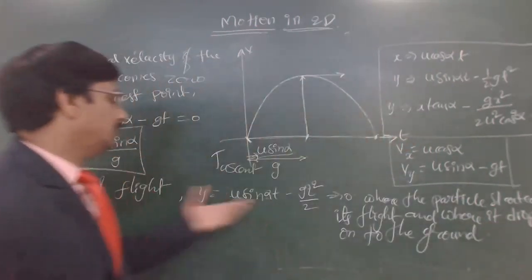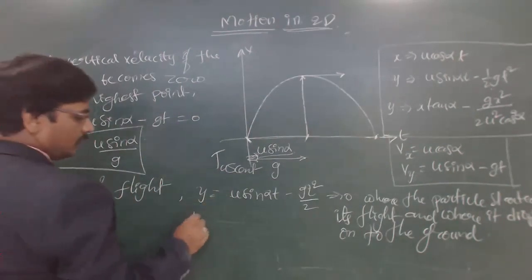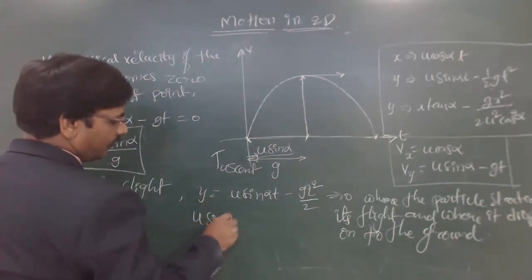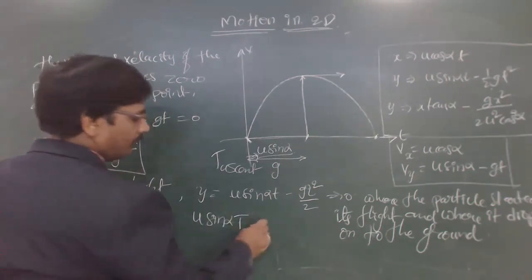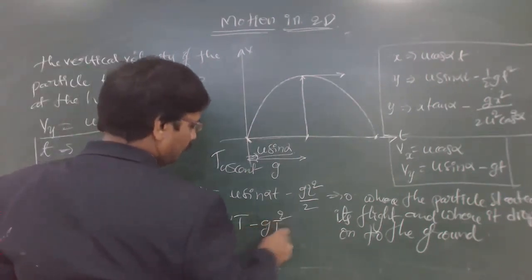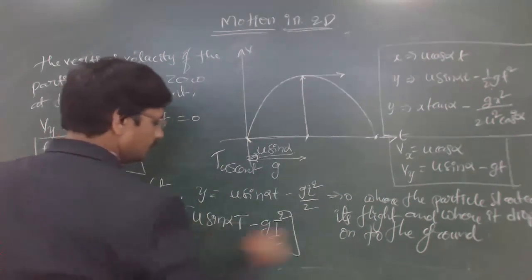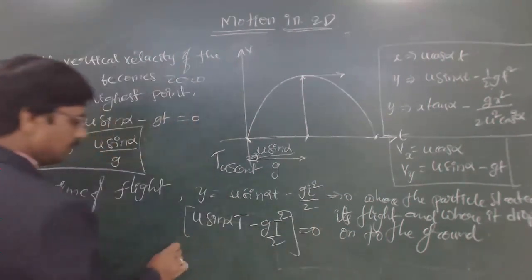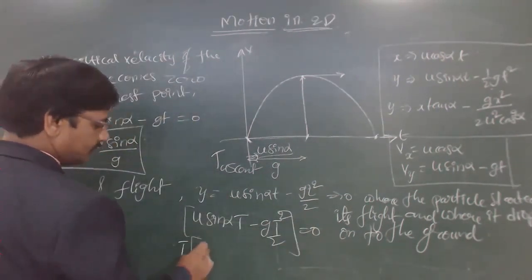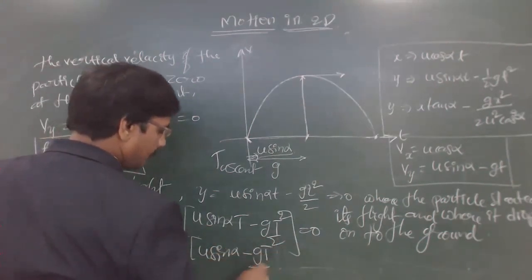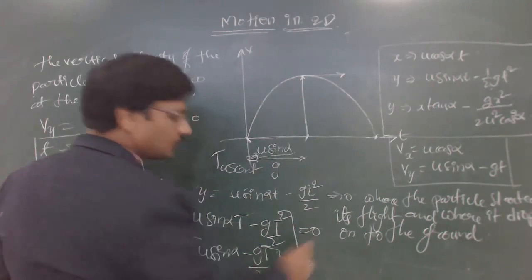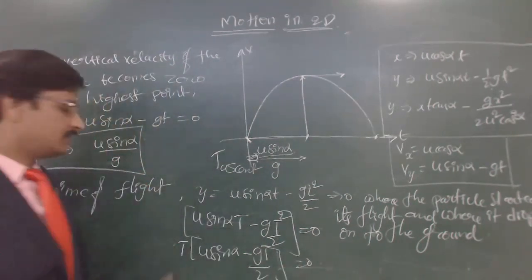And there, if y equal to 0, then obviously u sin alpha, I call this the time of flight with a capital letter T, minus gt square by 2 is equal to 0. Now if you take t out from this, u sin alpha minus gt by 2 equal to 0. So two different possible solutions for this equation.